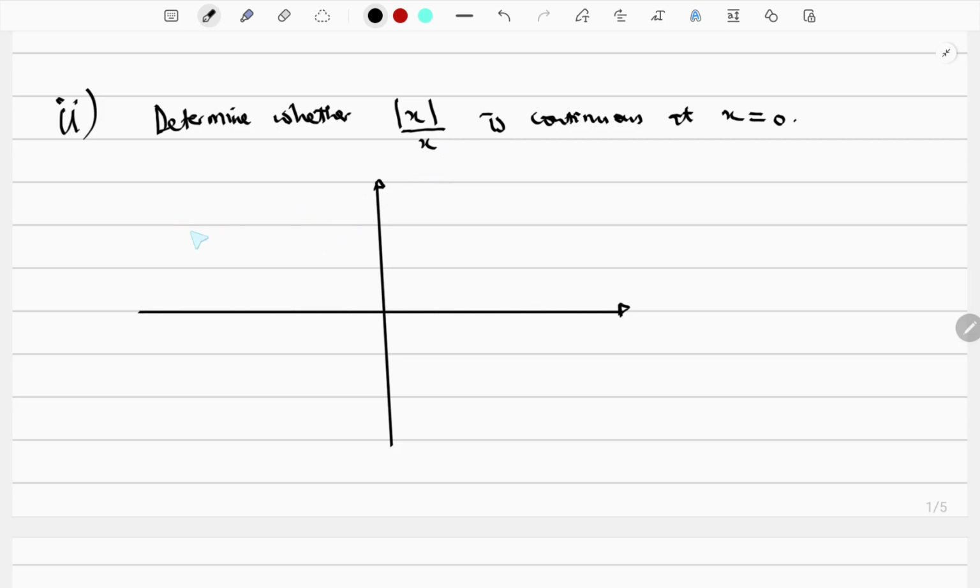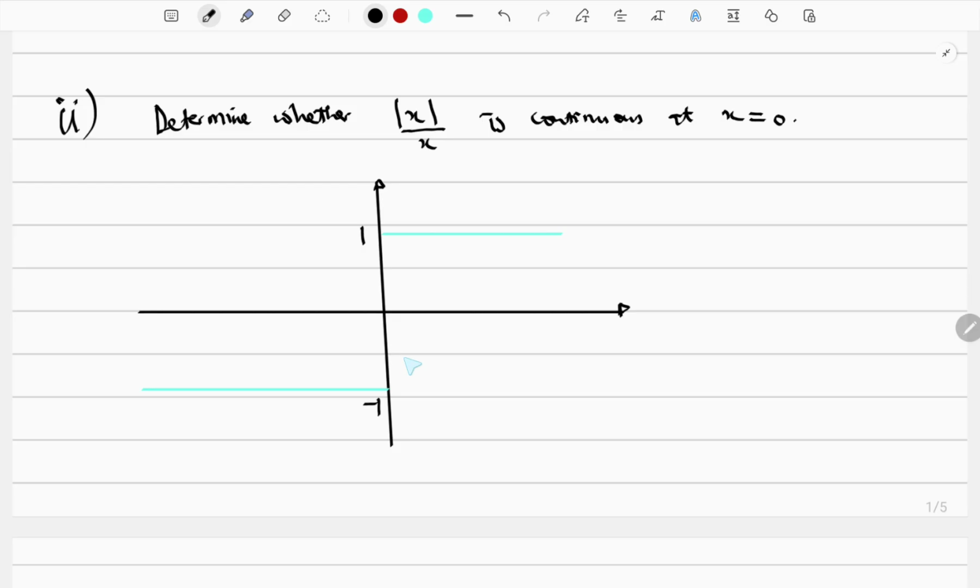So we know that for values which are less than 0, the graph is on this line at minus 1, and for values greater than 0 it is at 1.